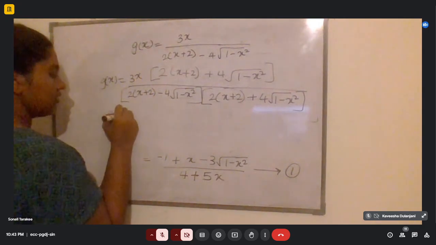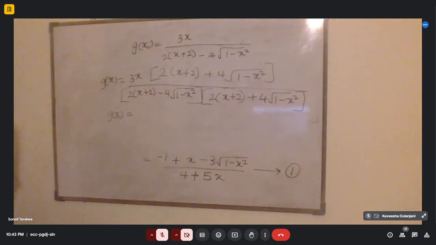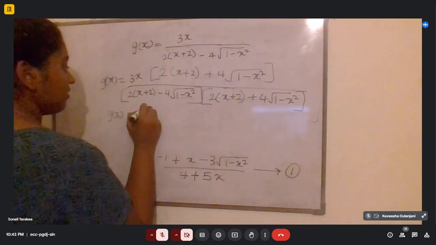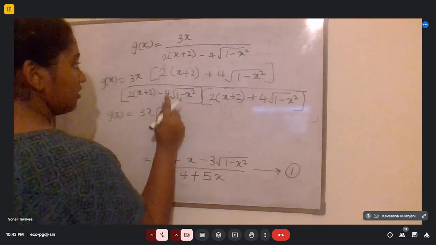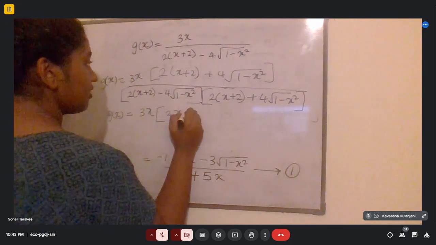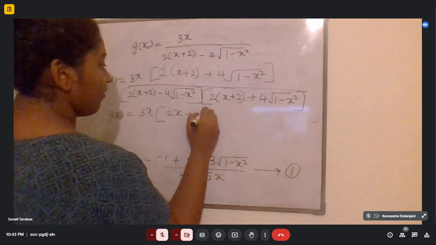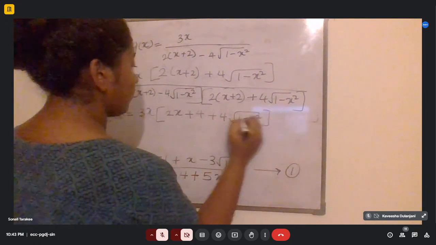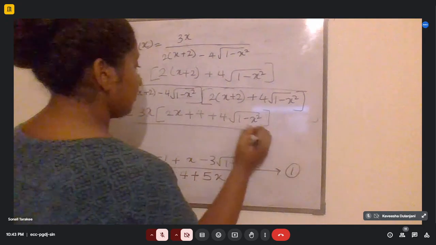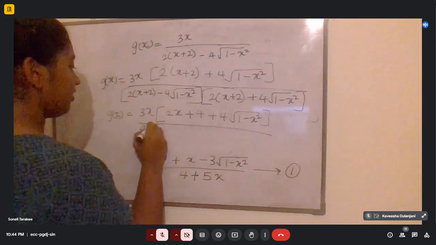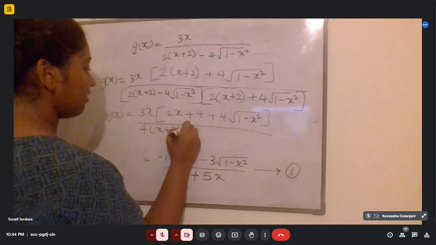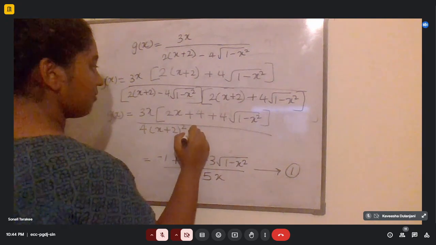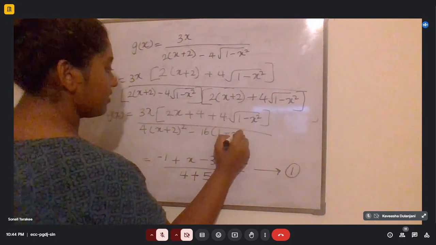Now once you simplify this one, you get 3x times 2x plus 4 plus 4 square root of (1 minus x squared) over 4 into (x plus 2) squared minus 16 into (1 minus x squared).